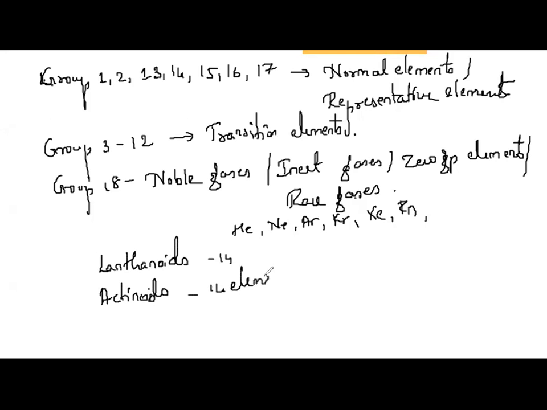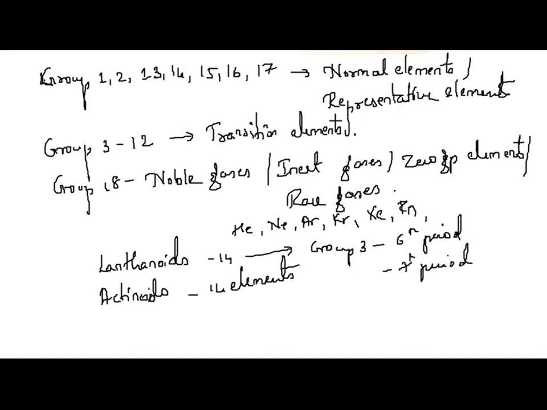These lanthanoids start from group 3. Actinoids also start from group 3, but lanthanoids are present in the 6th period, and actinoids are present in the 7th period.